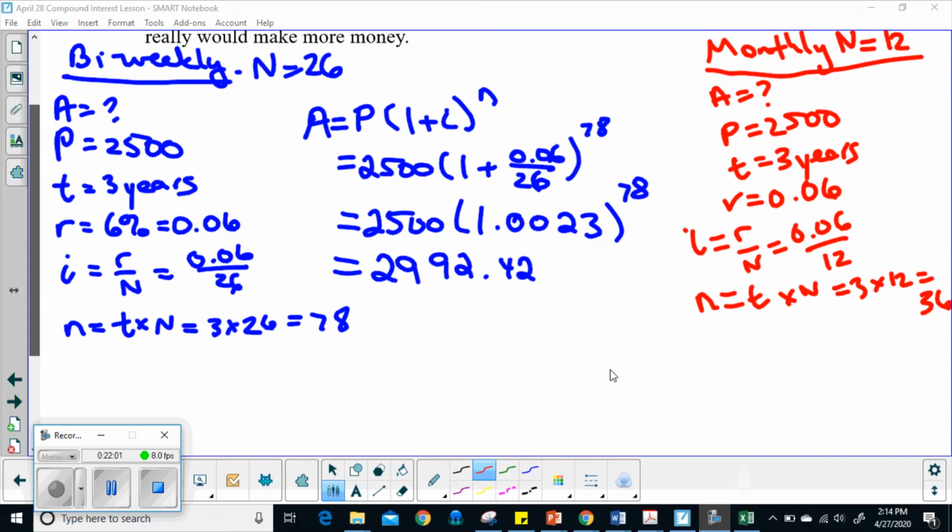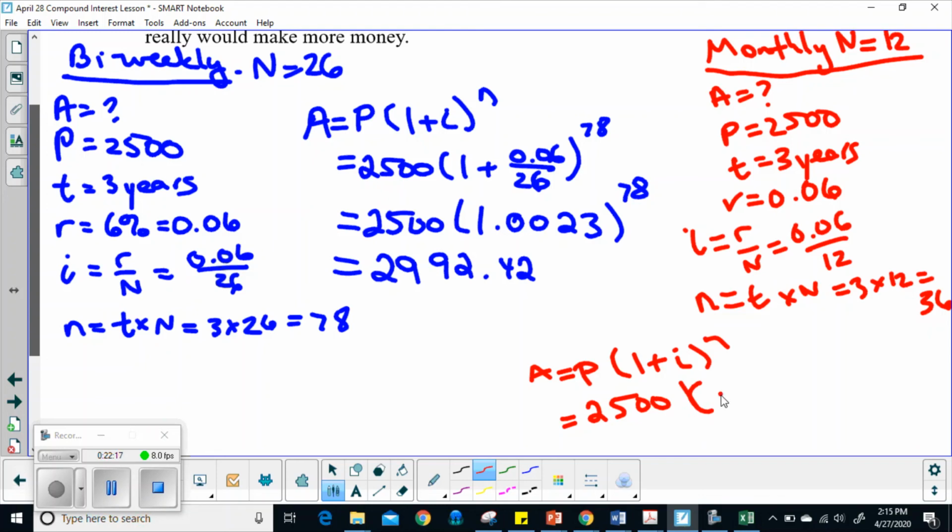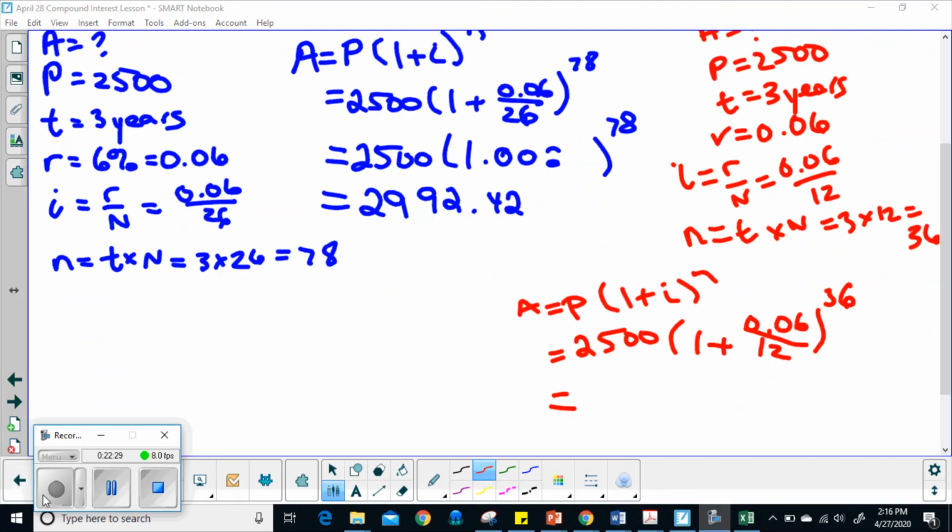So let's finish this one off. We need to calculate. We have our equation A equals P bracket 1 plus I to the little n. So I'm still starting with $2,500, 1 plus little I, which is 0.06 divided by 12 now, all to the exponent 36. I'm going to calculate what's inside my brackets first.